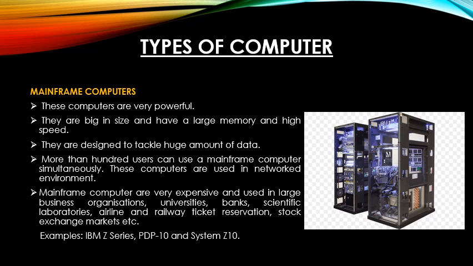Mainframe computers are very expensive and used in large business organizations, universities, banks, scientific laboratories, airline and railway ticket reservation, stock exchange markets, etc. Examples: IBM Z series, PDP 10 and System z10.